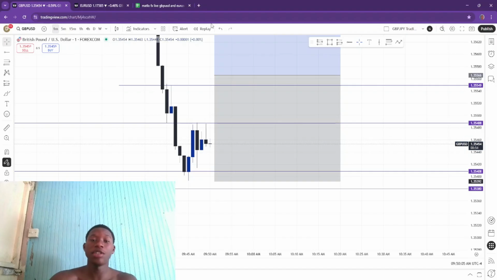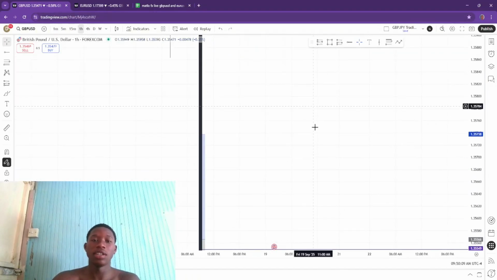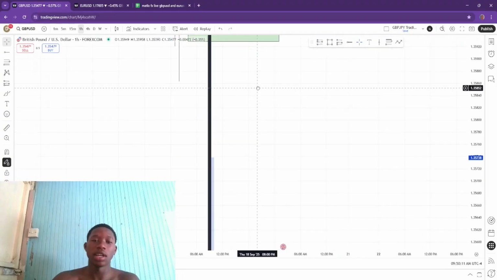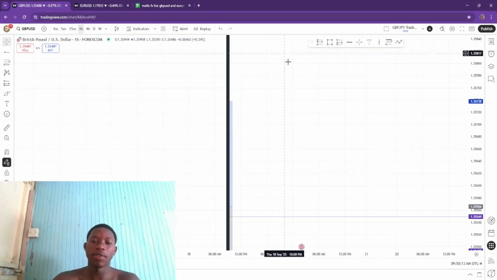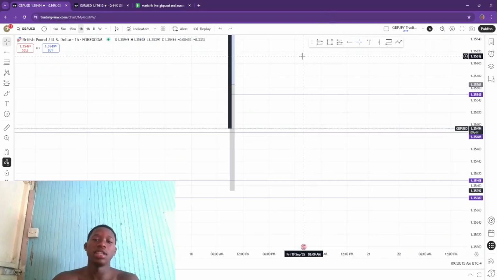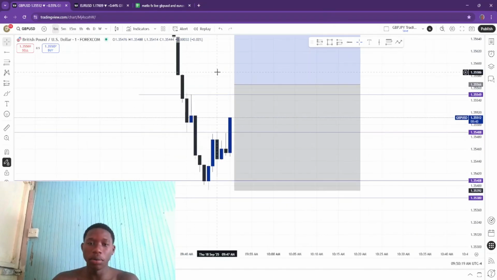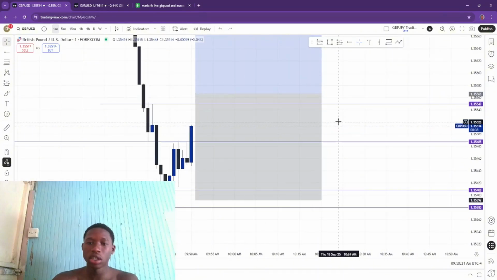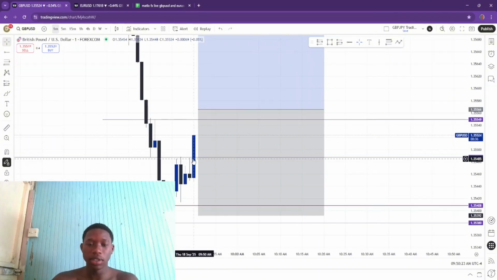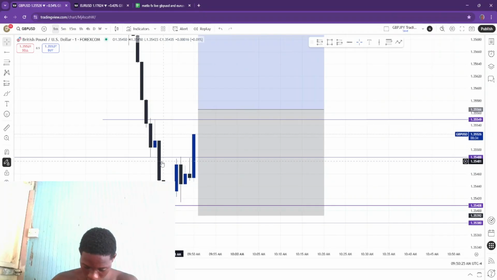So we're looking for that rejection to happen before 10 o'clock so that the 1 hour doesn't close below that. Because if the 1 hour closes below that, that invalidates the trade, basically saying price going down. Oh yeah, we seen some motion there, not gonna lie.